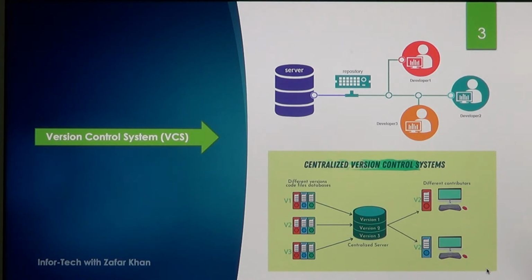It also helps to work faster and smarter. A version control system allows you to store multiple versions of system files in the remote repository, or you can say central repository.